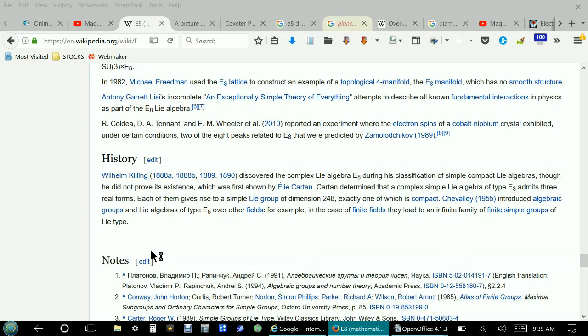Each of them gives rise to a simple Lie group of dimension 248. 24, 8. Okay, 12 houses of Israel, 24 elders within the universe. Okay, so exactly one of which is compact. Okay, so let's move on.